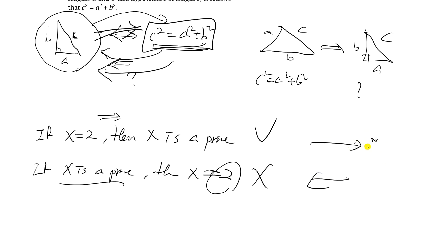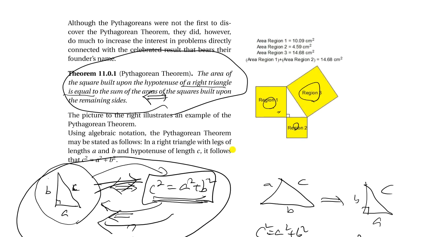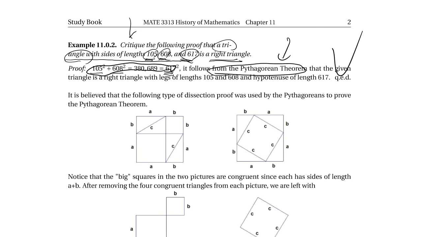So we should be very careful about that statement. And that's why in math, in many cases, when you prove a conditional statement P implies Q, we are always interested in the converse of it, whether it's true or not. Now, be careful. The Pythagorean theorem is actually true for both directions, so this proof should be okay.